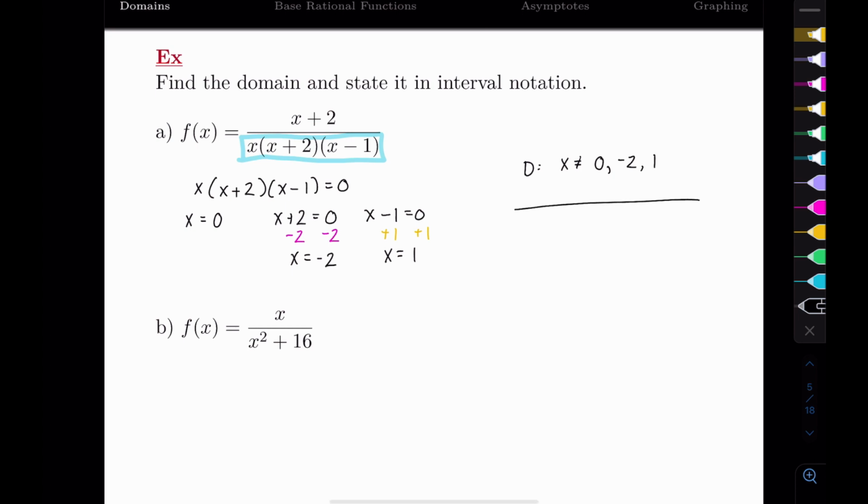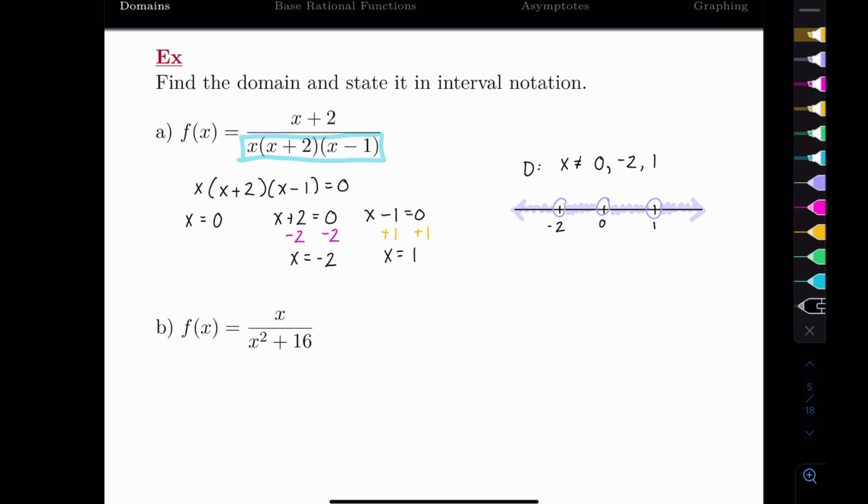But to actually write this in interval notation, let's use a number line. I've got to put those numbers in order. -2 is the smallest, then 0, then 1. We cannot equal these things, so I can't fill in these circles. But everything else is good. So I can equal everything to the left, everything in between, and then everything to the right, just not the numbers themselves.